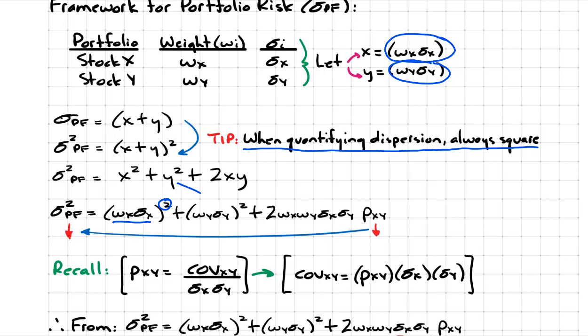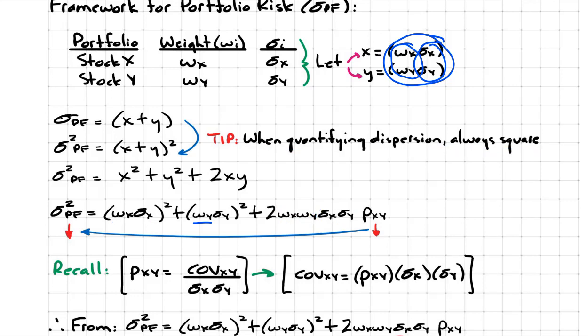Similarly for y, it's the weight in y times the standard deviation of y, squared. And then 2xy, I'm combining these two together because that's x times y, but I grouped the weights together, wx, wy, and the standard deviations together. So all this is elementary algebra.